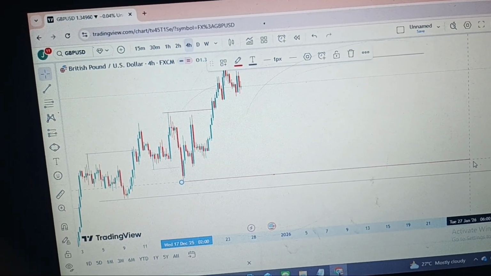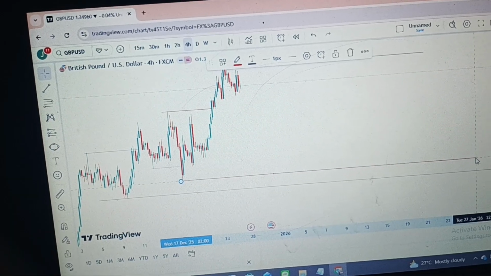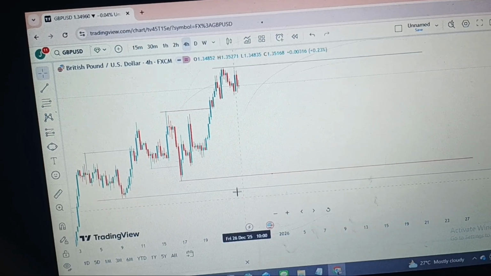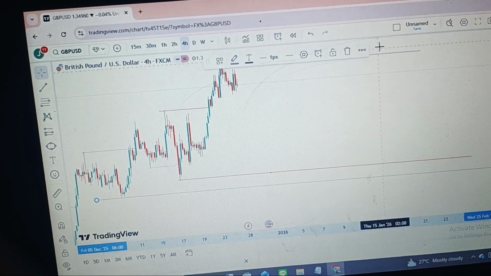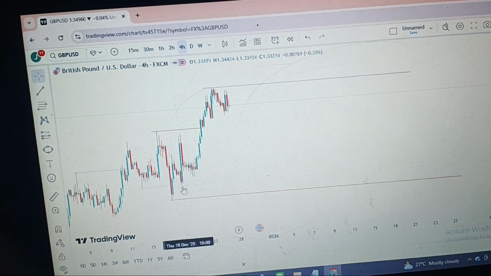At this point, this is our trading range. I'm removing this so as not to put confusion. And this is our trading range.